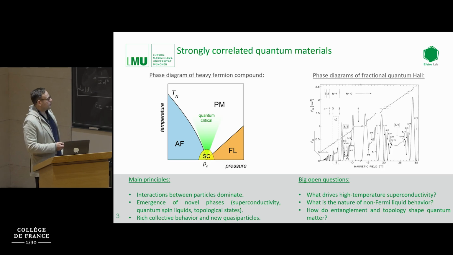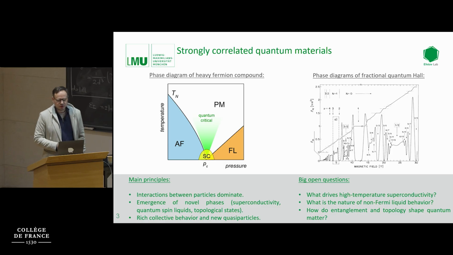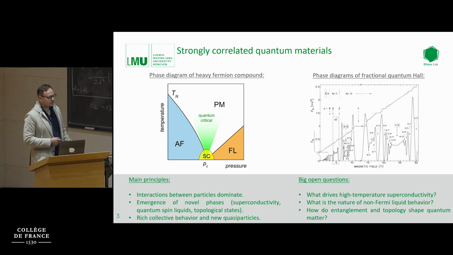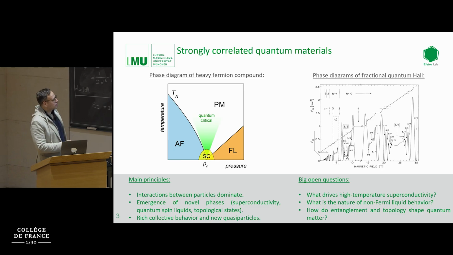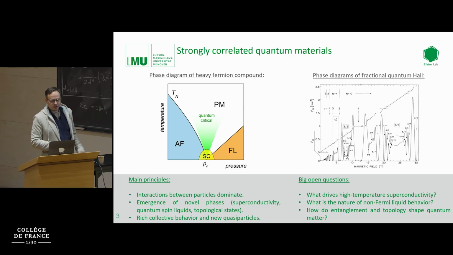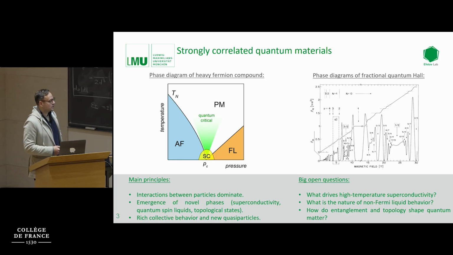The comparison one can draw here is with the phase diagrams of strongly correlated materials such as heavy fermion compounds, where you have a very rich abundance of quantum phases, such as magnetic phases, superconductivity, and a very clear transition from an antiferromagnetic to a Fermi liquid state, resulting in a quantum critical point. I will give a glimpse of how twisted bilayer graphene might contain similar physics.